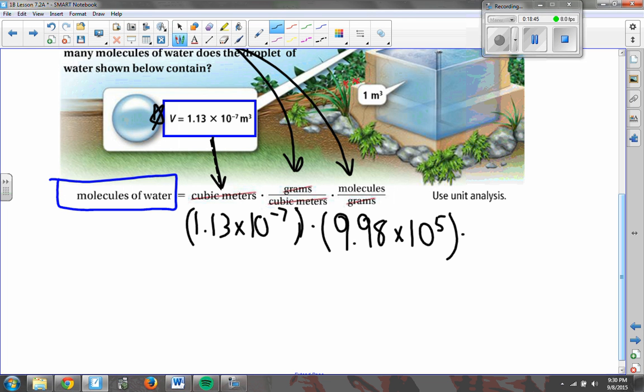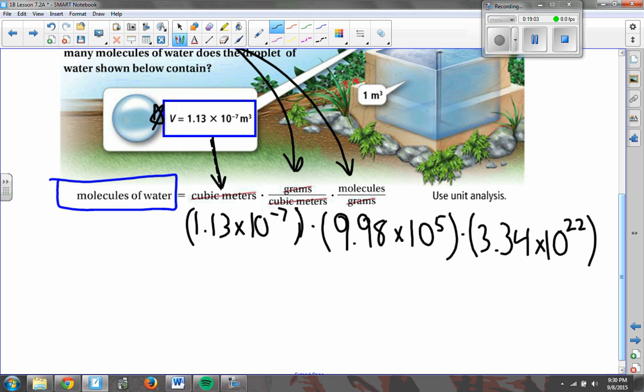And then I'm going to multiply that by how many molecules are in every gram. We know from our book that that is 3.34 times 10 to the 22nd power. Right? So now I have this expression for how many molecules there are.